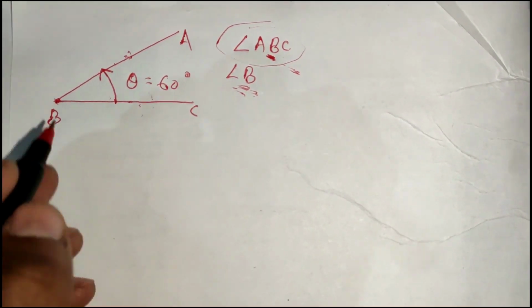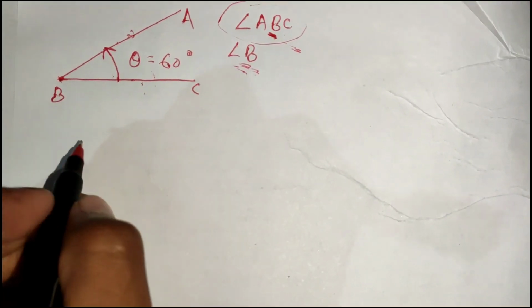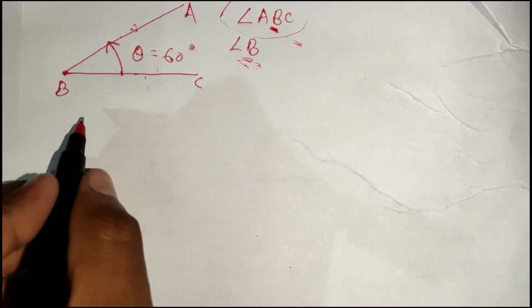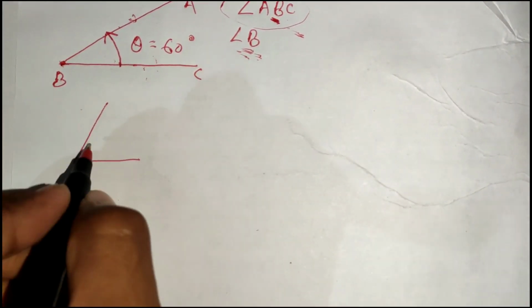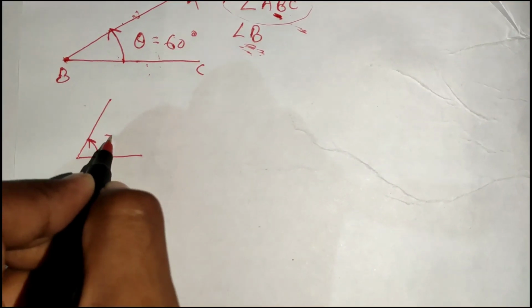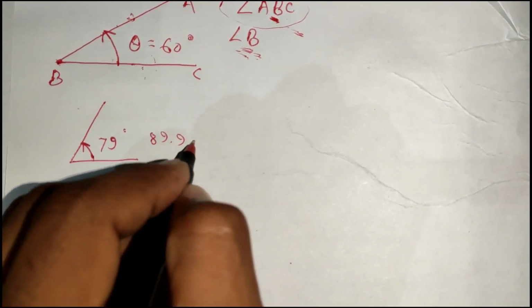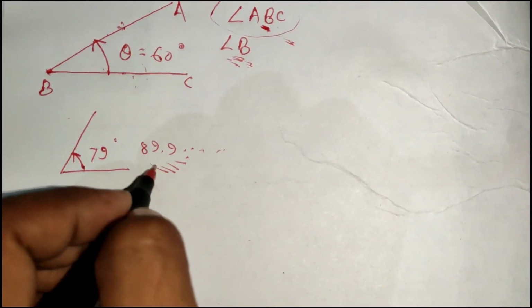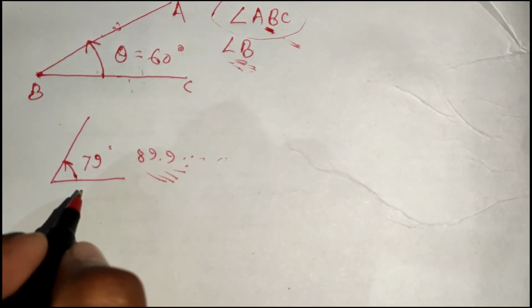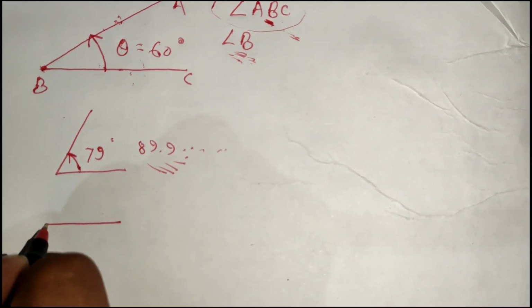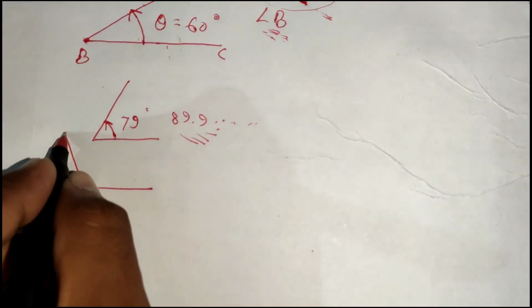So let's start with the types of angles. There are many types. First, the acute angles. The acute angle is an angle which is less than 90 degrees. So any angle which is less than 90 degrees is an acute angle. Even if it is 89.99999, this is an acute angle. On the other hand, the obtuse angle is an angle which is greater than 90 degrees but less than 180 degrees.